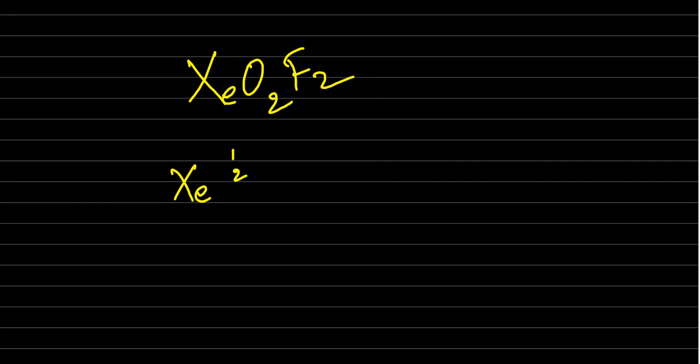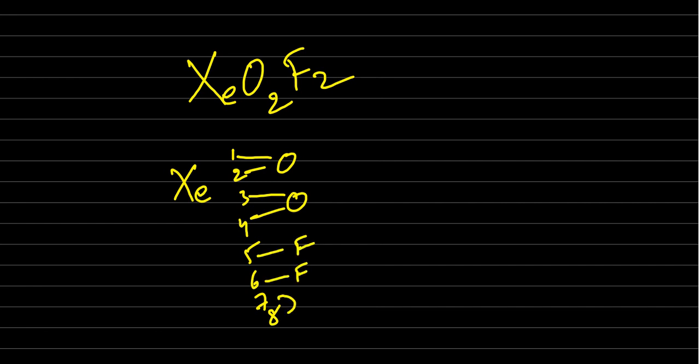You can take any example. Suppose XeO2F2. Xenon has total 8 electrons: 1, 2, 3, 4, 5, 6, 7, 8. 2 oxygens are there, and each oxygen requires 2 electrons. Next fluorine and fluorine, these 2 electrons. Always, a lone pair means 2 electrons. Now count the sigma bonds. Oxygen 1 sigma bond, another oxygen 1 sigma bond, 2 plus 2, total 4 sigma bonds plus 1 lone pair, total 5.